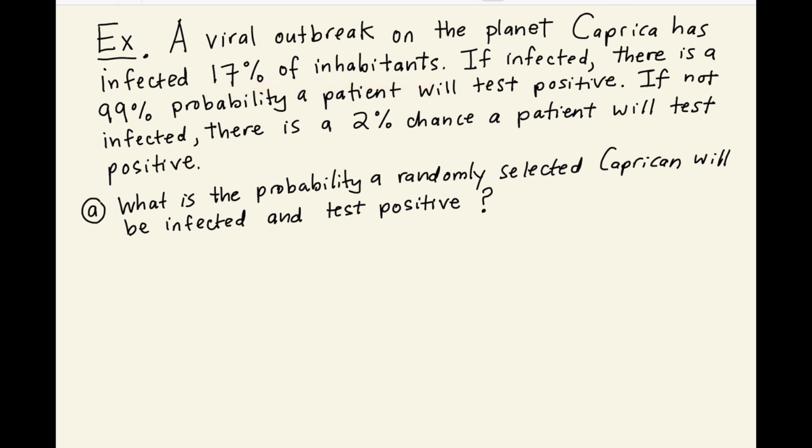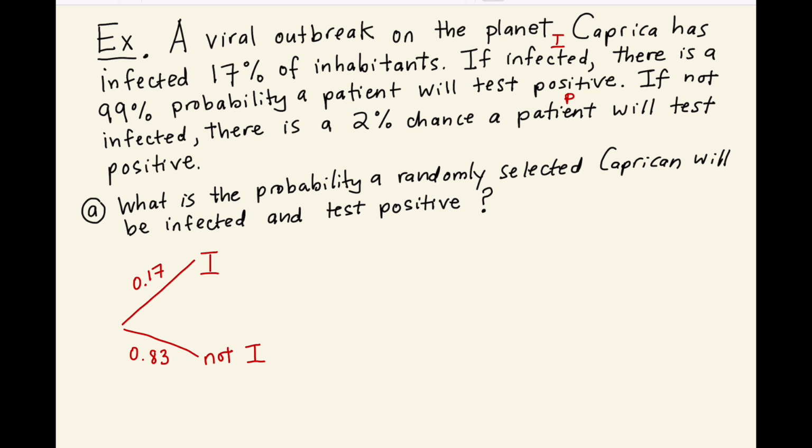I'll use I for the event that the individual is infected, and P for if the individual is positive. So what I know is that 17% are infected, and so that leaves me with a complement of 83% are not infected.